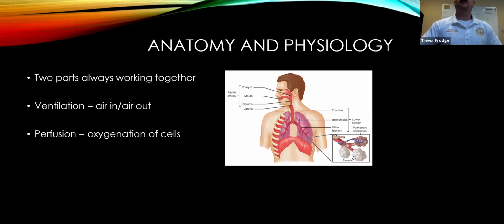On top of that, we have to be acutely aware of how our airway works. Remember that we have the upper airway and the lower airway. Where those two split and bifurcate is at the glottic opening. Anything above the vocal cords or above the larynx is the upper airway, and anything below that glottic opening is the lower airway. That's why, with basic airway maneuvers, we're talking about the oropharynx and the back of the throat.